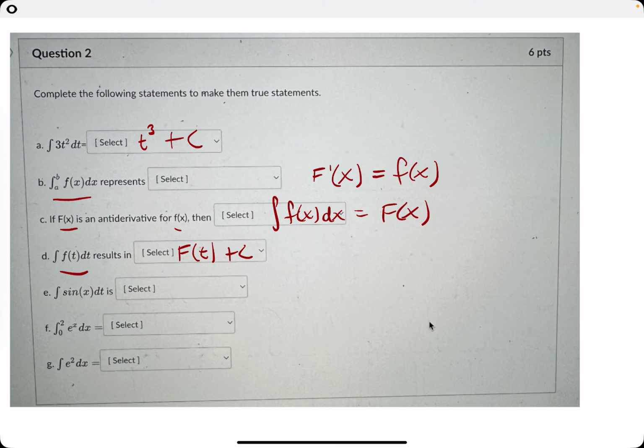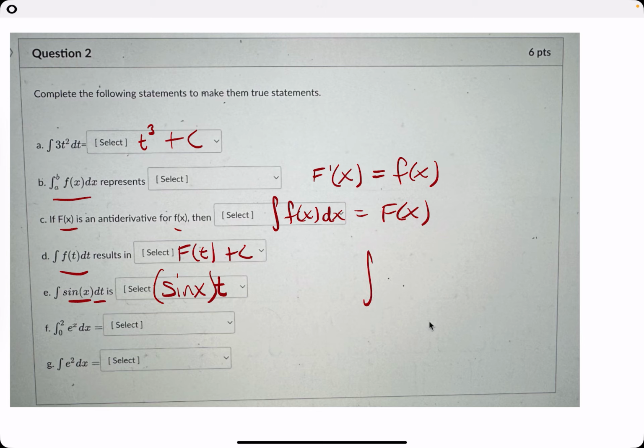I got nothing. The integral of sine of x is negative cosine of x plus, oh, wait a minute. I'm assuming this is intentional. If it's not, then it'd be negative cosine of x plus c, but notice there's sine of x, then there's a dt. So in this case, sine of x is actually meant to be treated like a constant. So it'll actually stay sine of x times t.